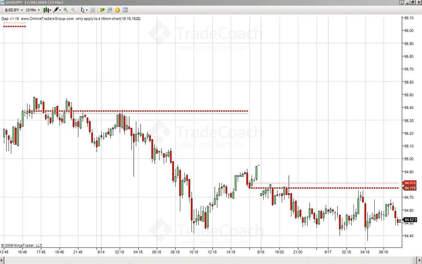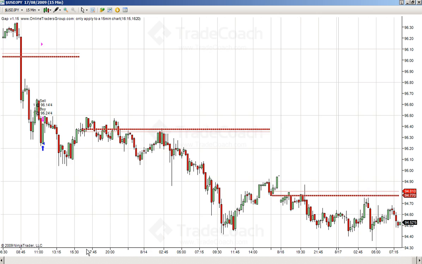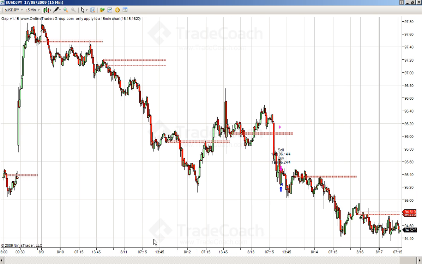As you guys know, I was wanting you to bounce it off the gap, and we were applying them to the 15-minute. What I'm going to do is we're going to cheat. With the 15-minute, you've got four times as many candles as you do on an hourly chart, right?